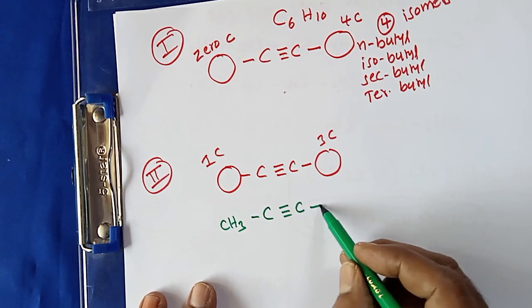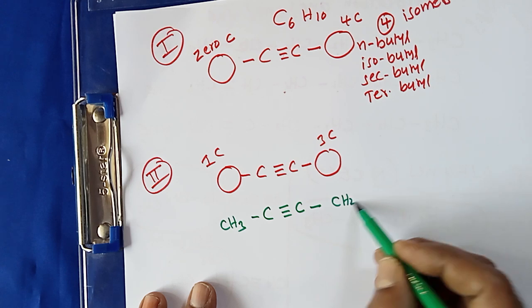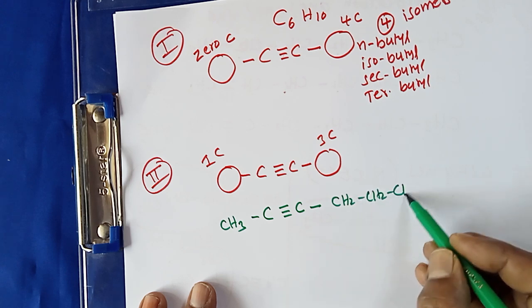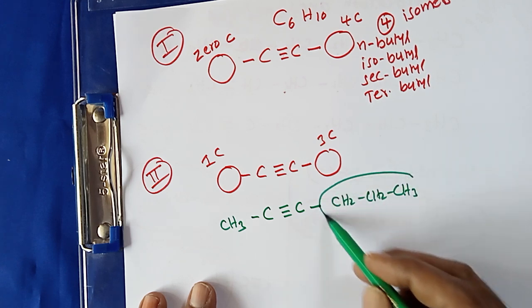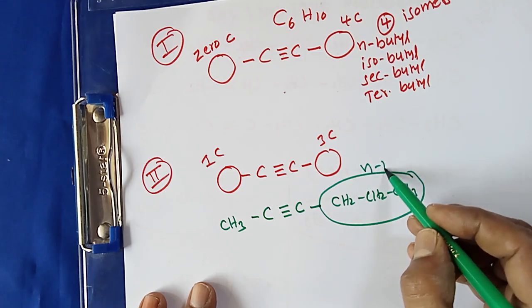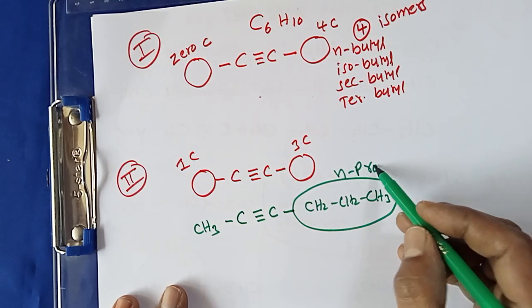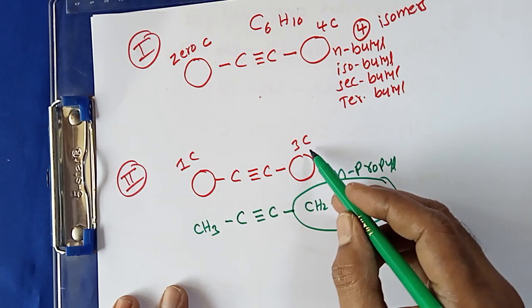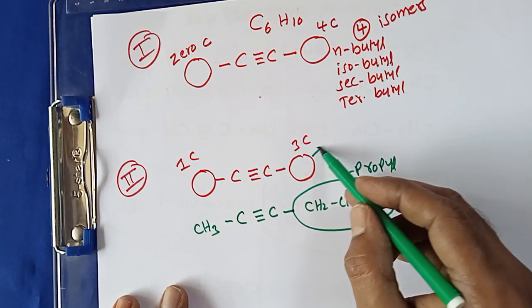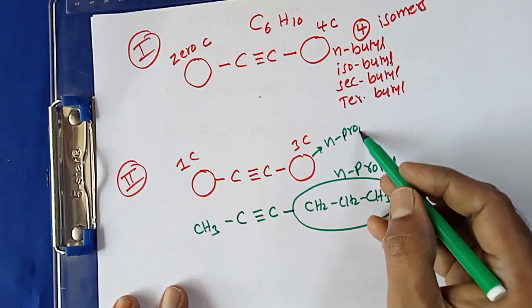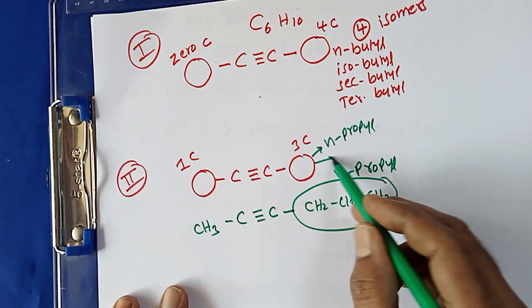Next here 3 carbons means what? CH2, CH2, CH3. What is this name? It is N-propyl. We know that in the basics. 3 carbon alkyl groups, how many? Only 2. One is N-propyl and another one is isopropyl.